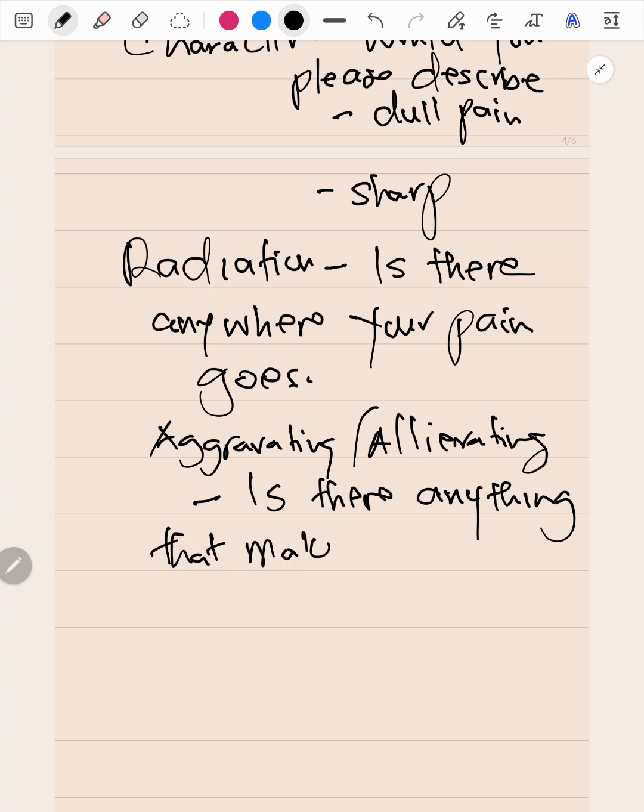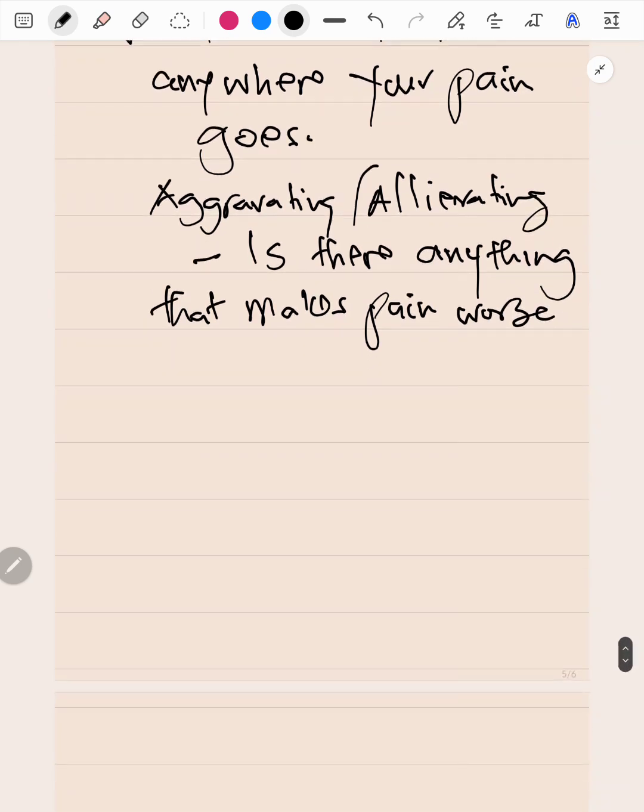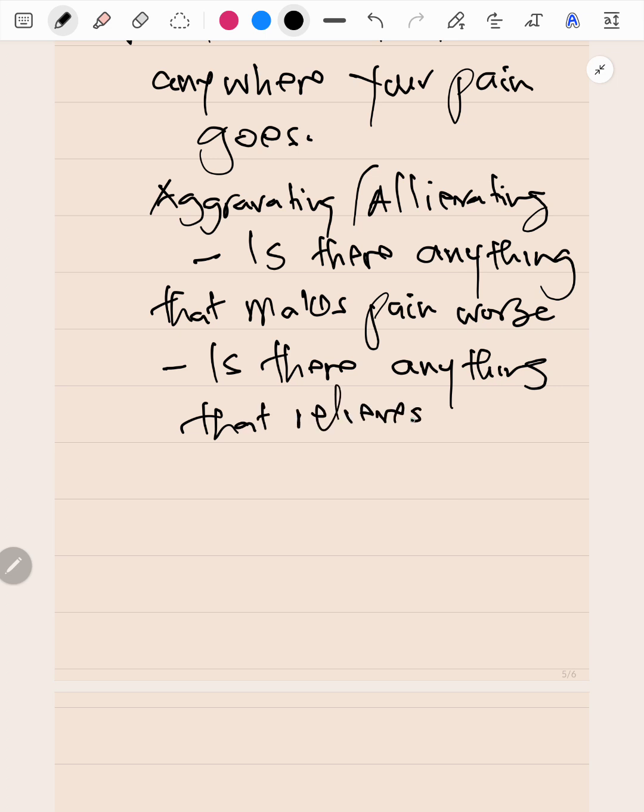Is there anything that makes your pain worse? And then they will tell you, oh doctor, the pain gets worse when I work out. And then you can ask, is there anything that relieves your pain? They will tell you, maybe it's relieved by rest, or it's relieved when I take a painkiller.